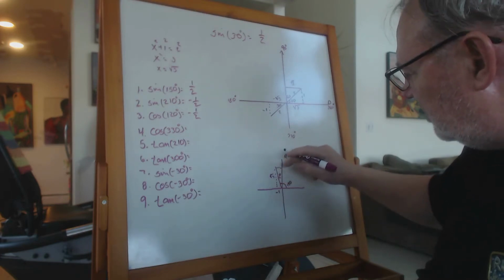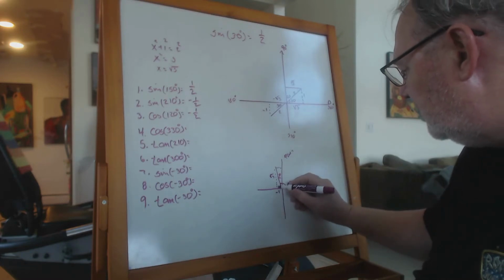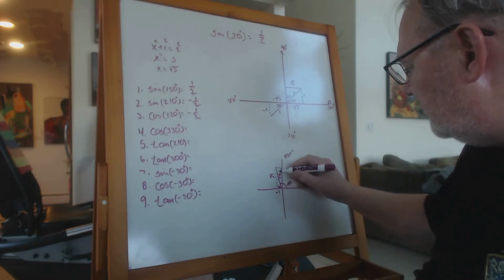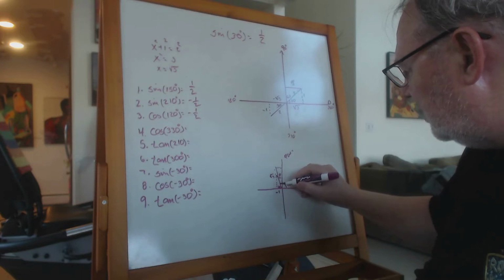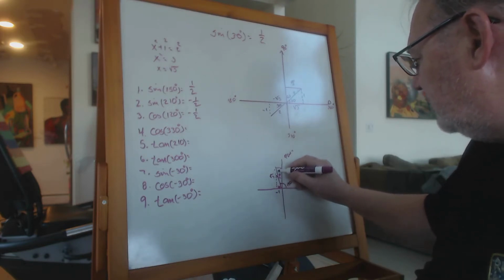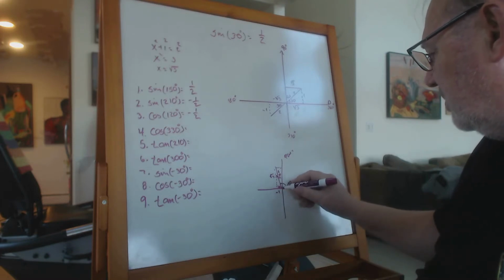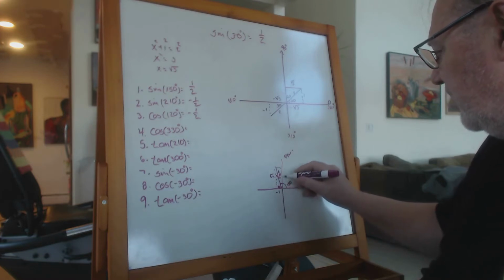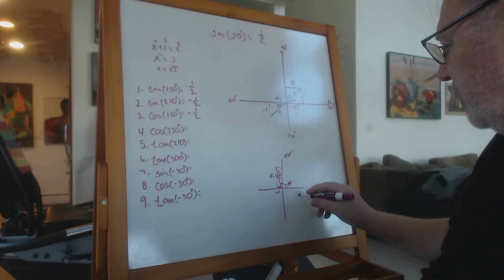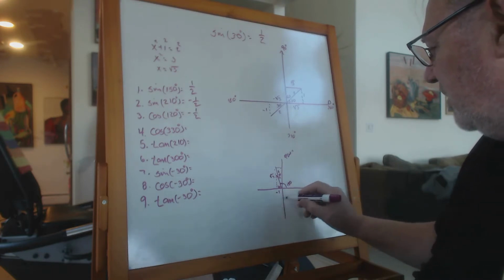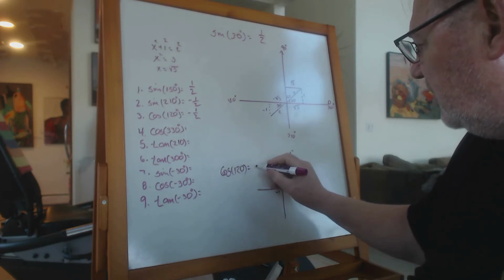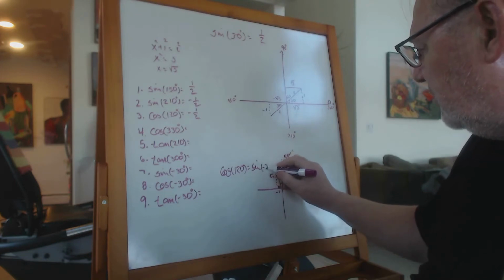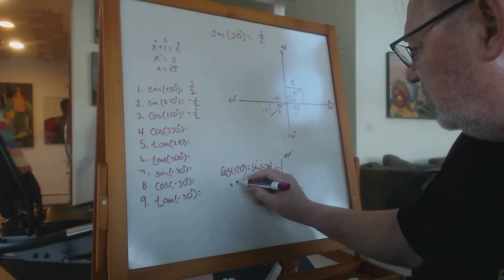This is 60. And so this is 30. Opposite over, so the cosine of 120, you see it's a little more difficult. 120 is the same as sine of minus 30, and that's equal to minus 1/2.